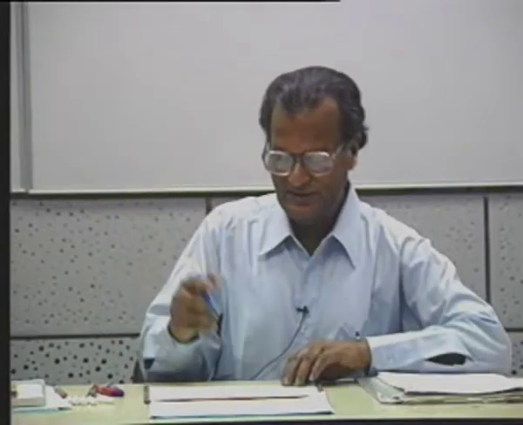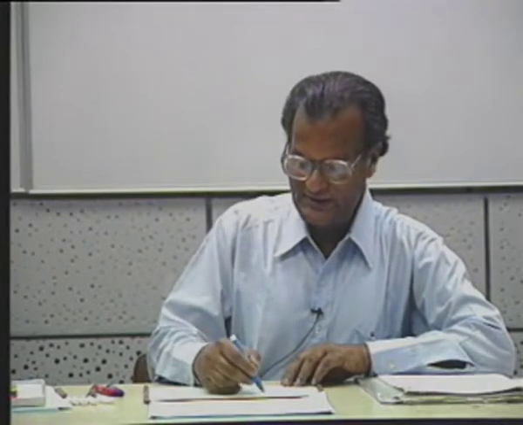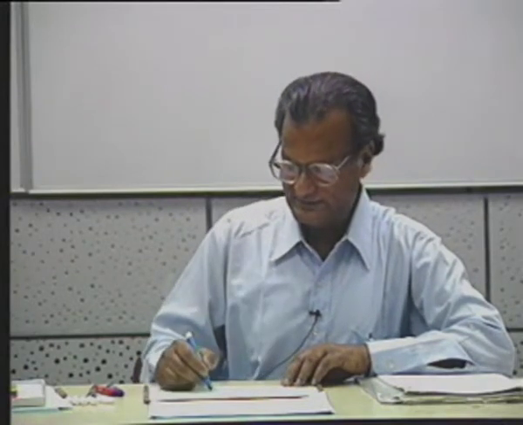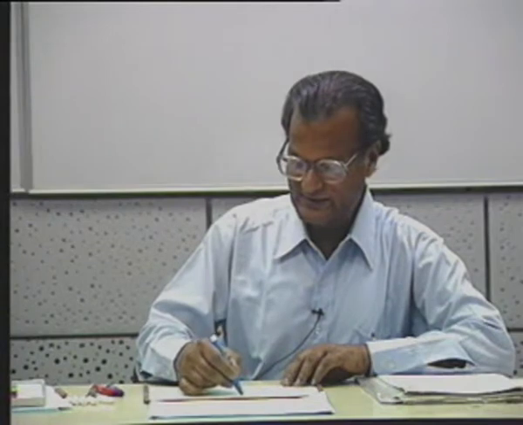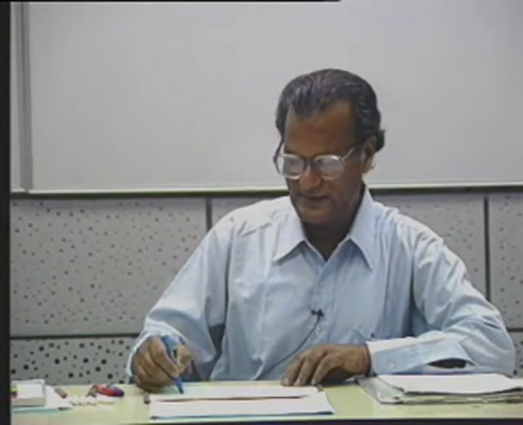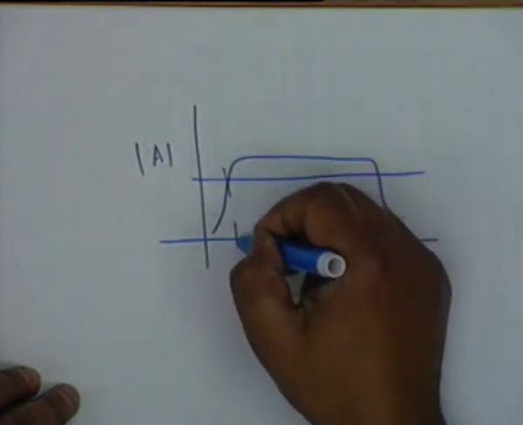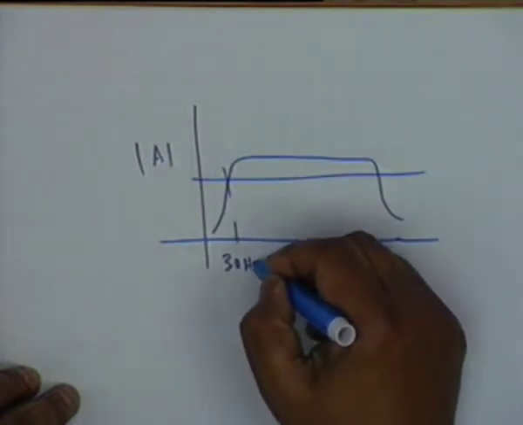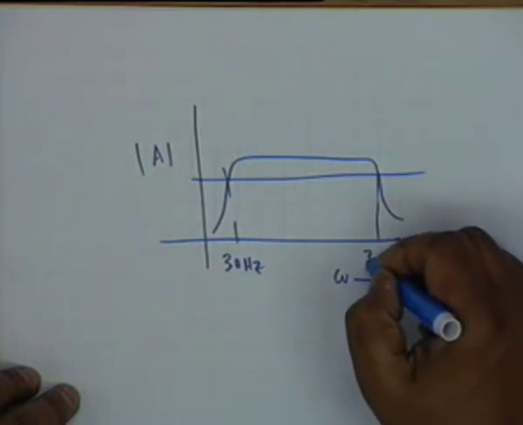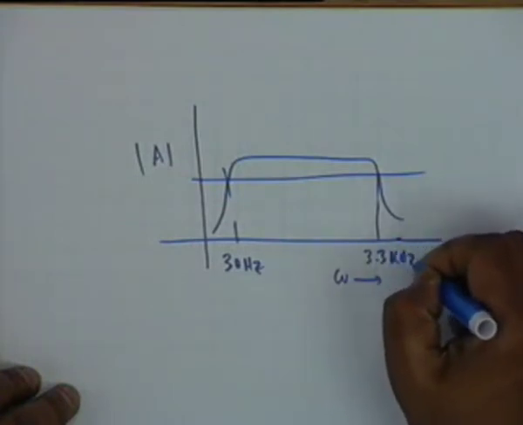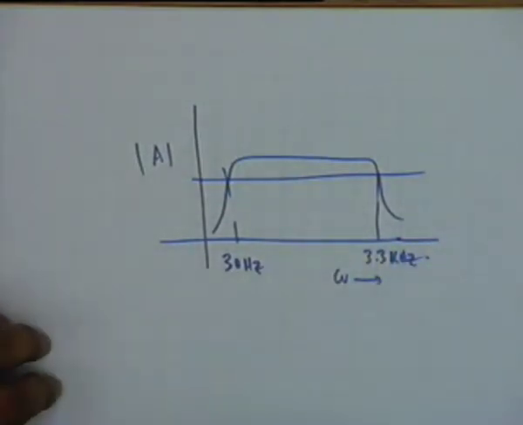On the other hand, if you have an amplifier whose gain is sensitive to frequency, as I had said, for an audio stage it is like this, okay? Now suppose the 3 dB points are 30 Hertz to, let's say, 3.3 kilohertz, as is used in reproduction of speech signals.